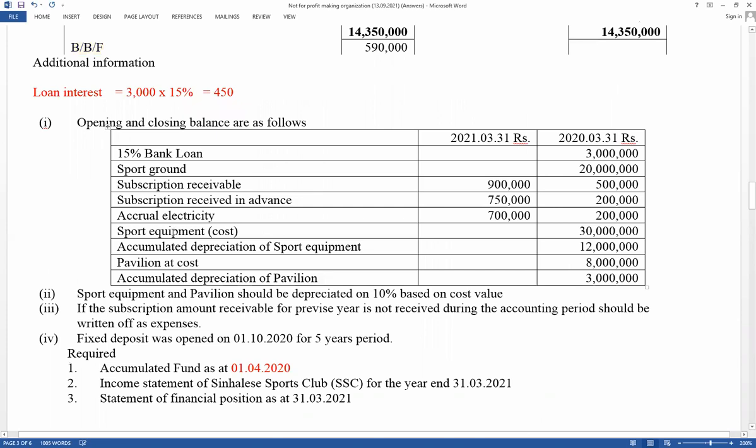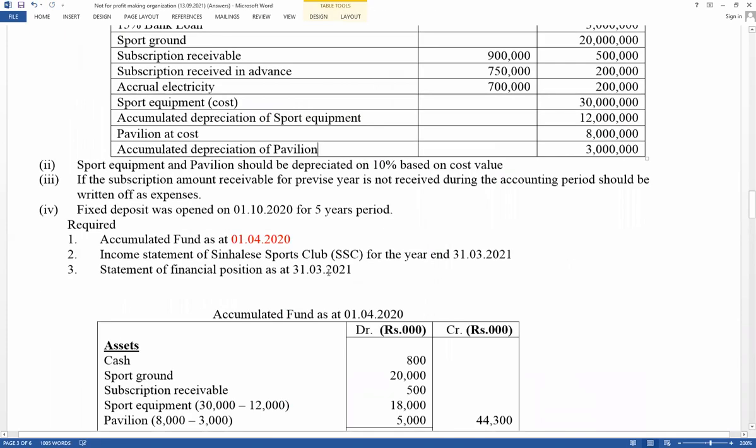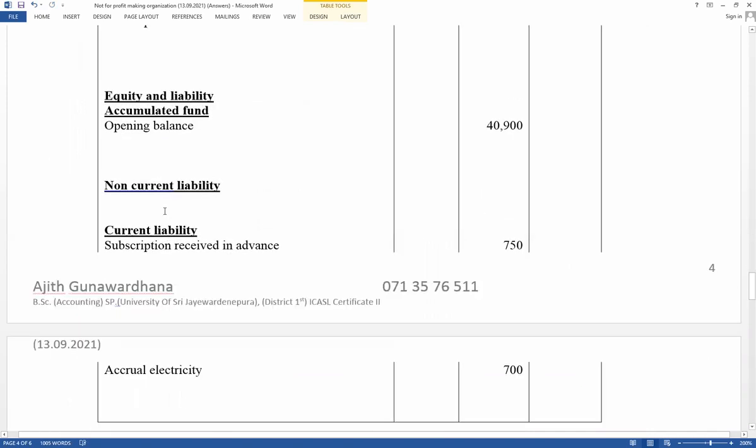Record it as a 15% bank loan under non-current liability 3,000. Financial position under non-current liability as a 15% bank loan, second column 3,000. As loan interest is not paid, as accrual loan interest under current liability, 450.